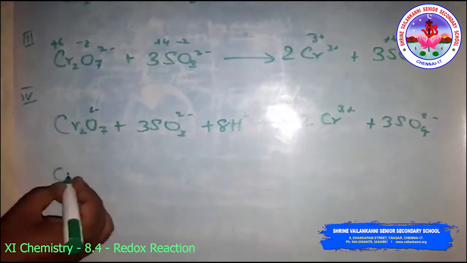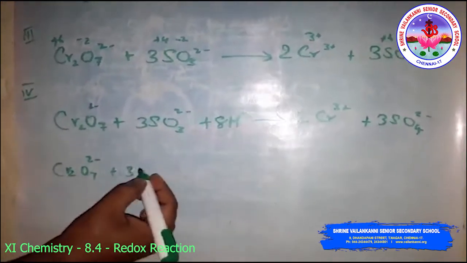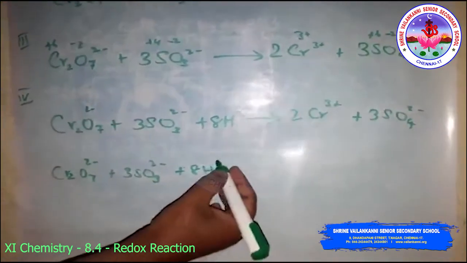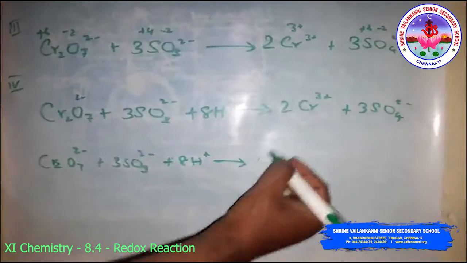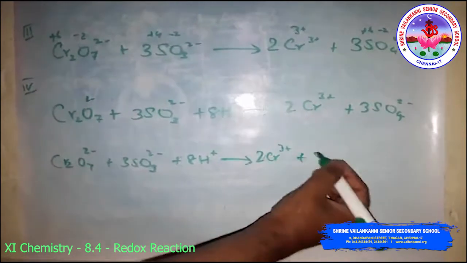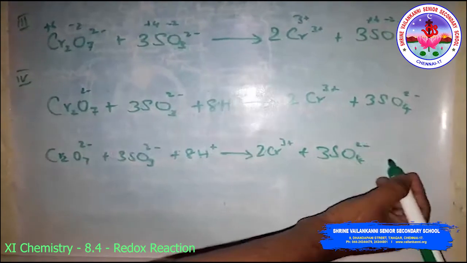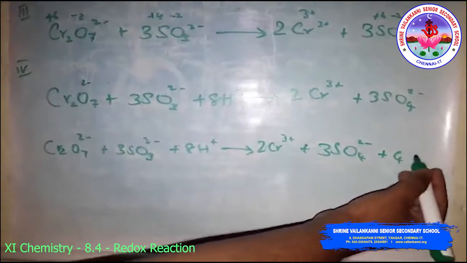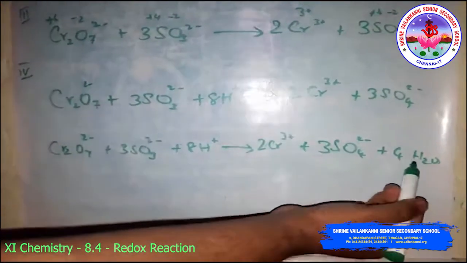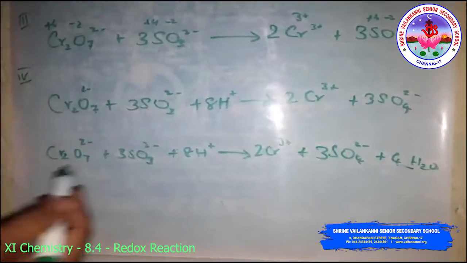So you will get the balanced equation: Cr2O7 2- plus 3 SO3 2- plus 8 H+ gives 2 Cr3+ plus 3 SO4 2- plus 4 H2O. Because there are 8 hydrogens, adding 4 H2O gives 4 into 2, 8 hydrogens, and the left also has 8 hydrogens. Others are balanced.